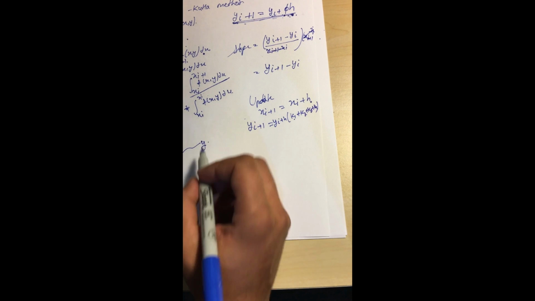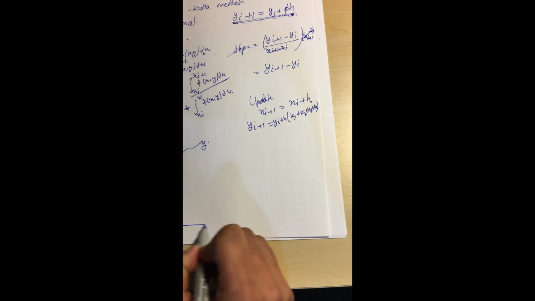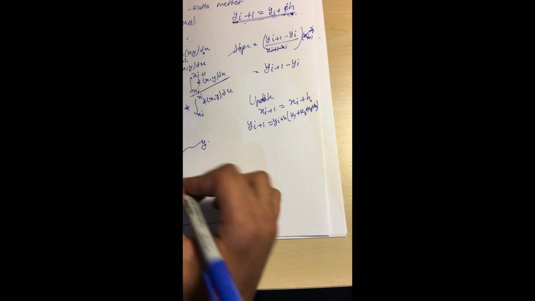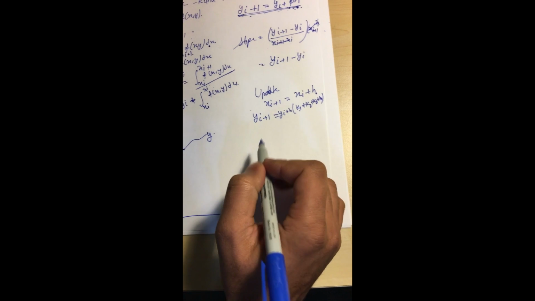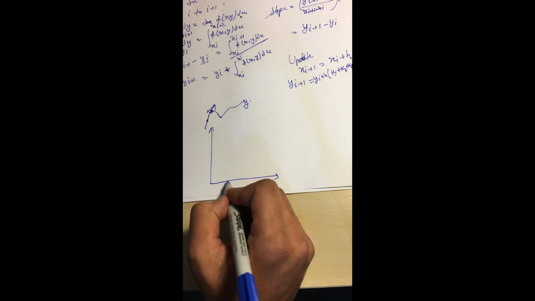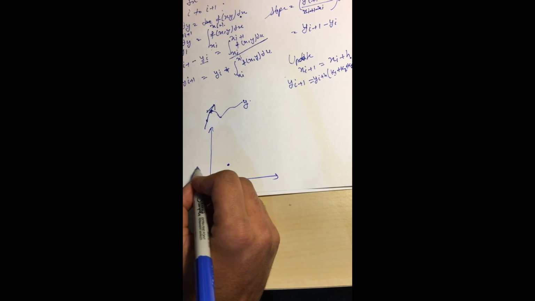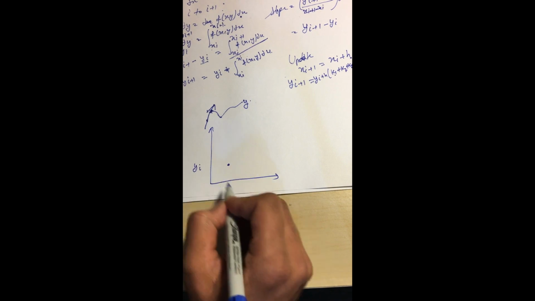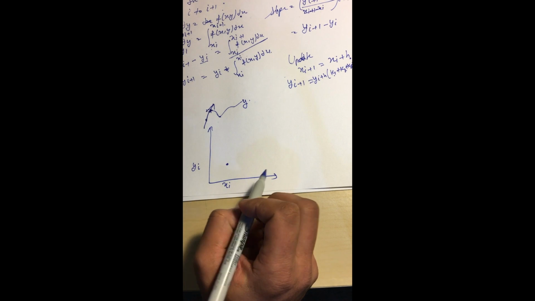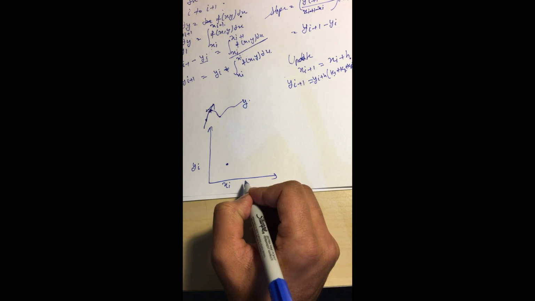Okay, so now we are trying to compute our next value. So we'll take an xy graph. We are going to take a starting point here, which is our x_i and y_i, and we are going to take a step size of maybe 0.5.